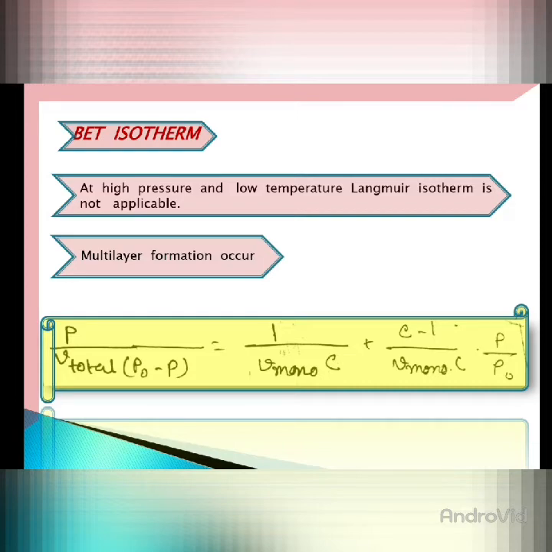So the final equation is P divided by V total into (P0 minus P) is equal to 1 by (V mono into C) plus (C minus 1) divided by (V mono into C) into P by P0. I will tell you the significance of P, V total, P0, V mono and C.